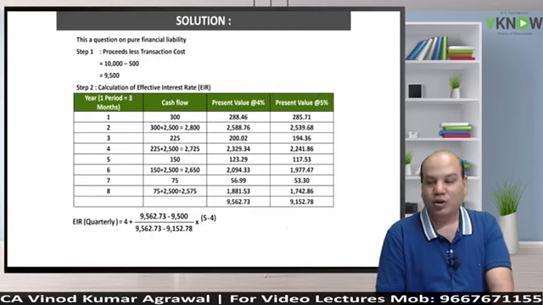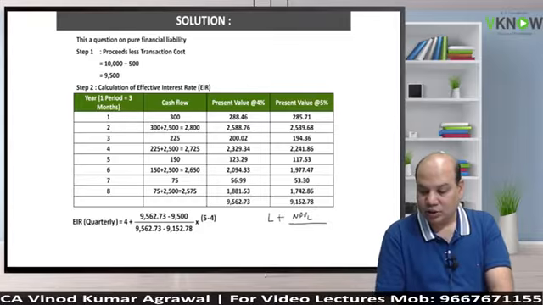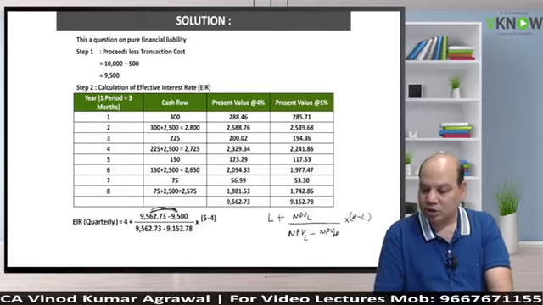There is one more formula where we write like this: lower discount rate plus NPV. The effect is the same. NPV means the difference between these two. That is what I have written here also. In your FM batch, they will teach you this formula: NPVL minus NPVH into H minus L. We are doing the same thing.